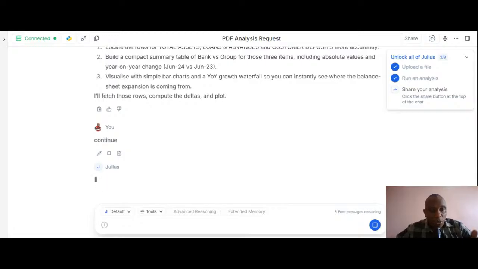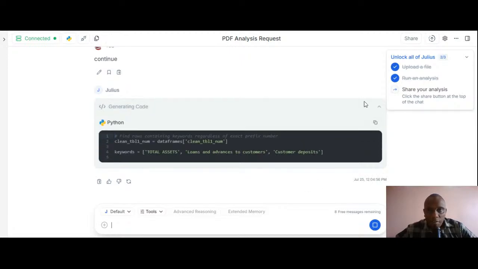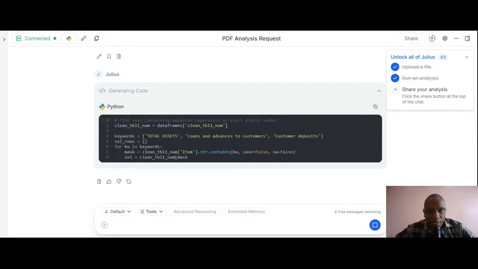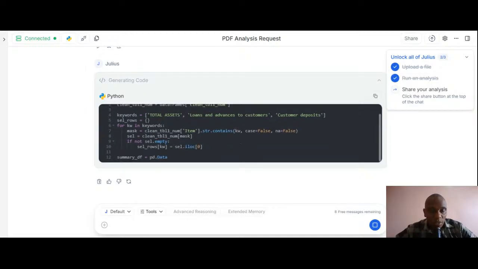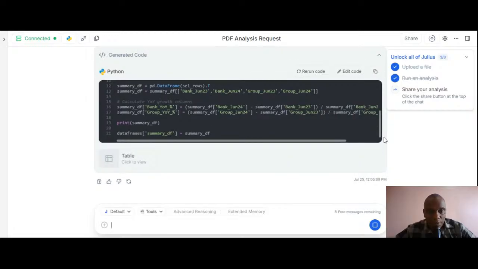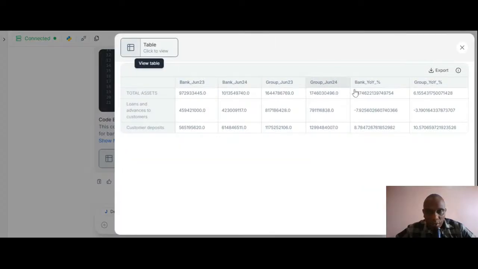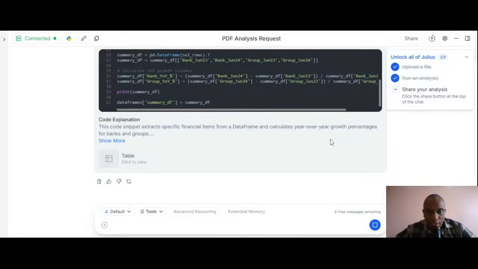So if you have your own data, especially the one in Excel, it becomes very easy for you to do all this because the data is available. In fact, what I was supposed to do is to change this data from PDF to Excel first, so that it would be easy for it to get the information that I'm looking for.